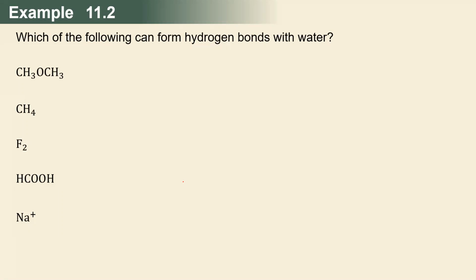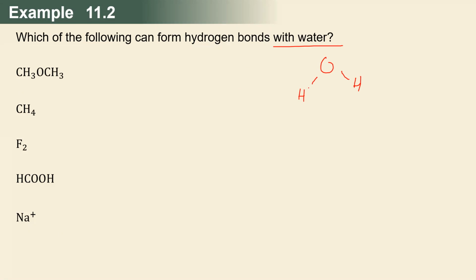We'll do a quick example here. Which of these can form hydrogen bonds with water? With water. So that tells us something. We know that water is H2O, and so we have an oxygen that's actually physically bound to a hydrogen.